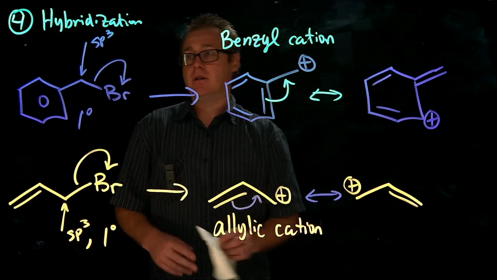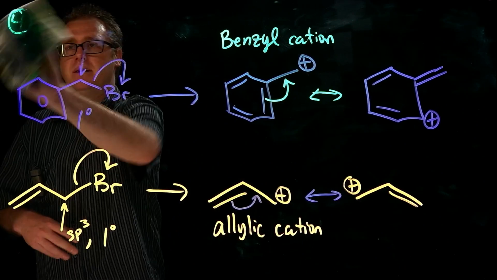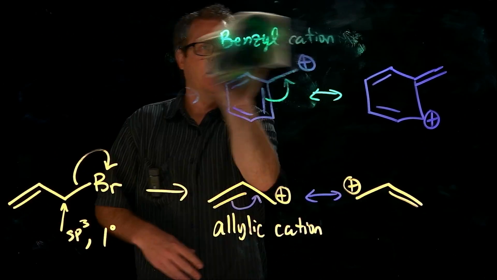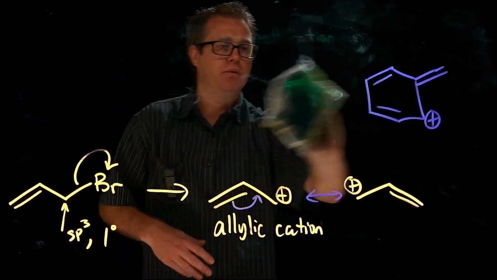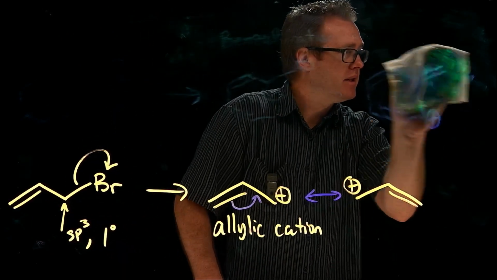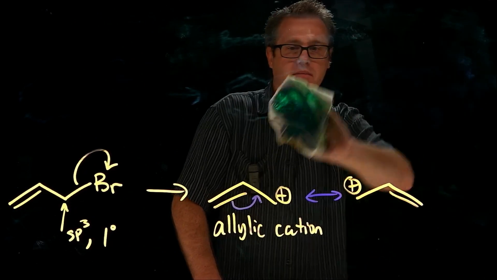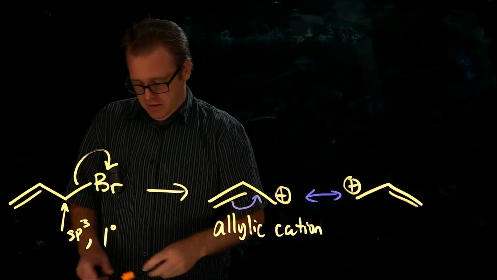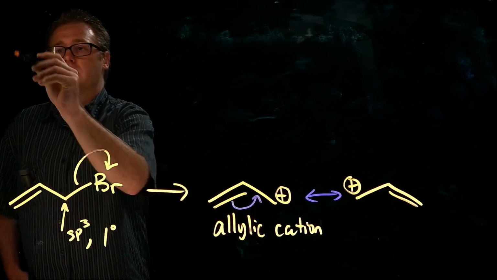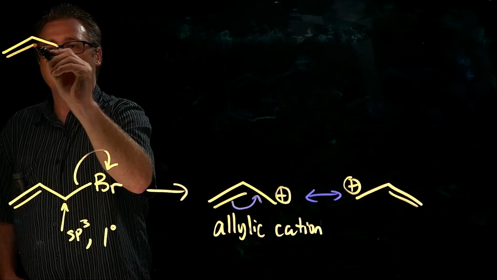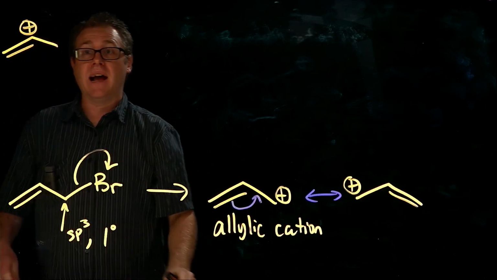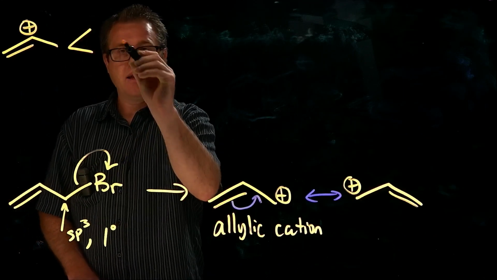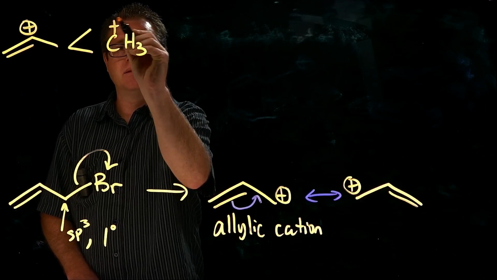So what we can take a look at is the relative stabilities of some typical cations. And I just want to make a list for you so you can see their stabilities. So we have a cation that looks like this. Okay, that's called a vinyl cation, and that's very unstable. And then we have our methyl cation.